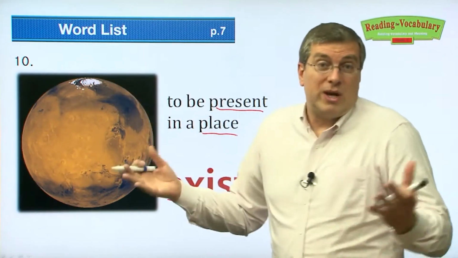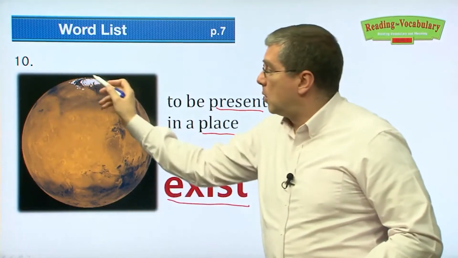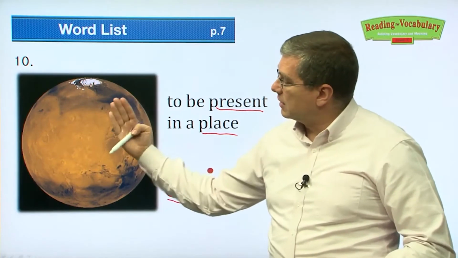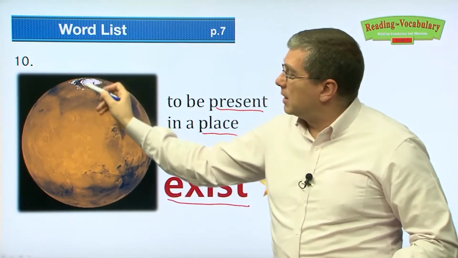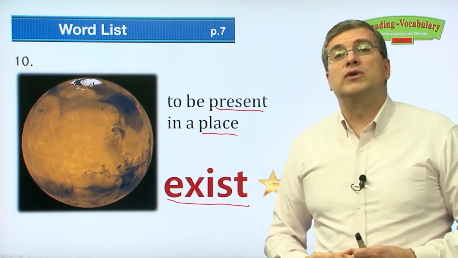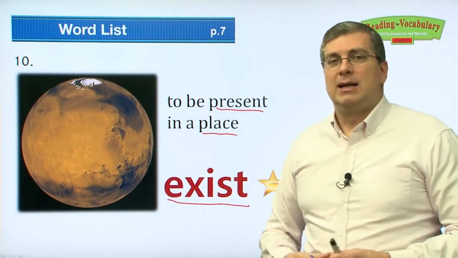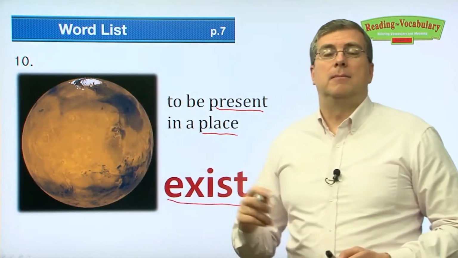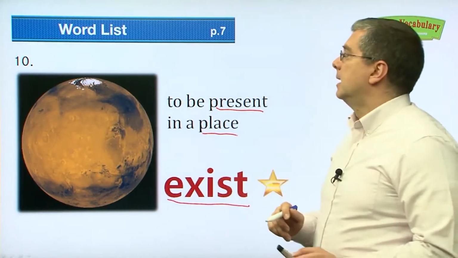And of course, we now know that at the North Pole, there's frozen water, ice, right? So there is water. Water does exist on Mars, okay?